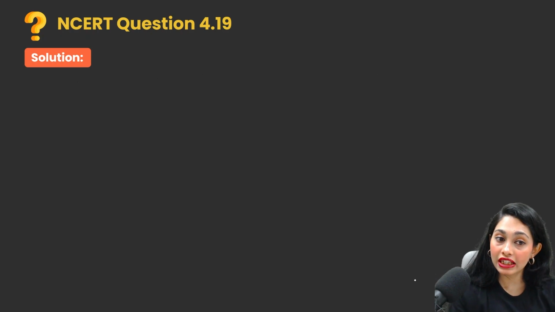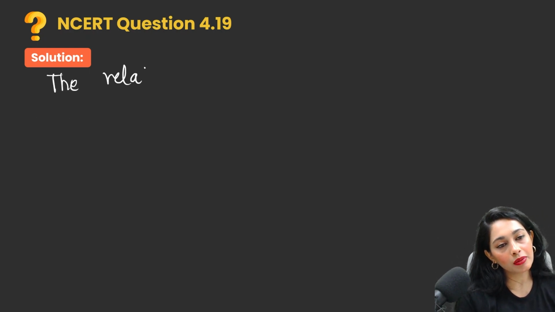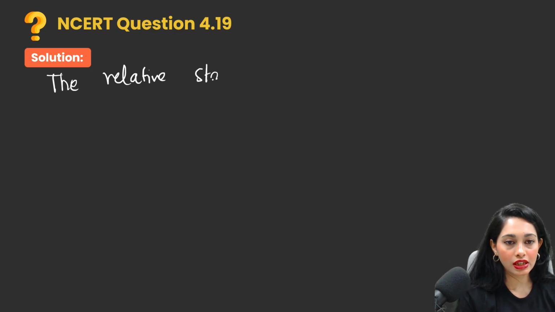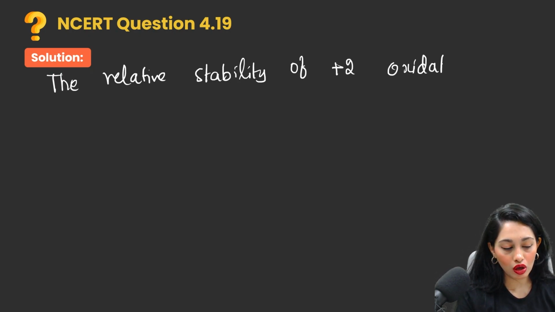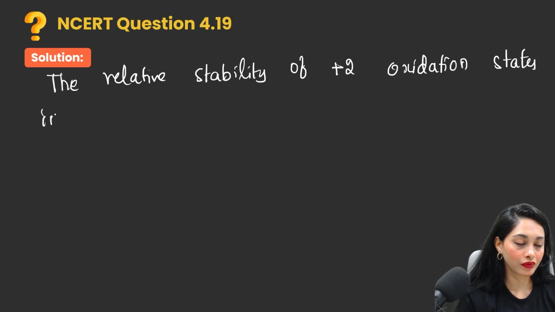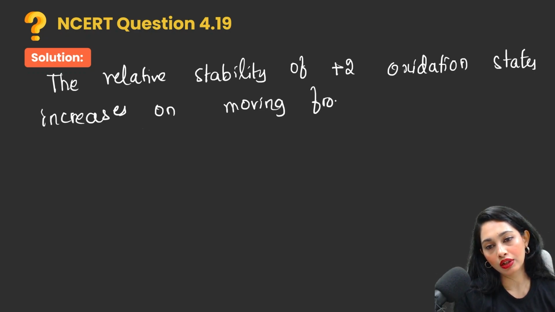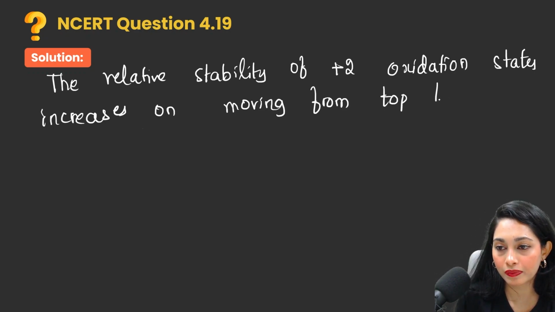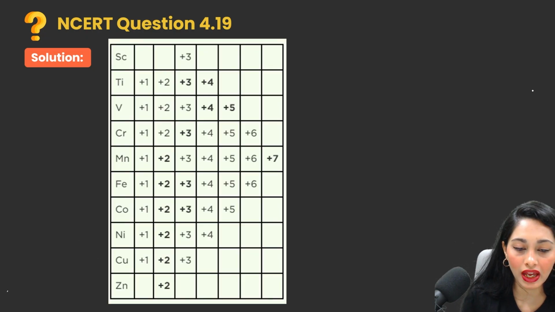If we talk about the relative stability of +2 oxidation state, it increases on moving from top to bottom, that is from scandium to zinc.